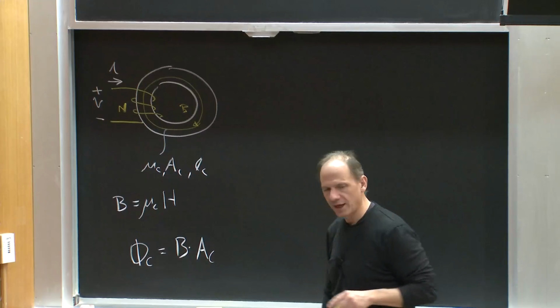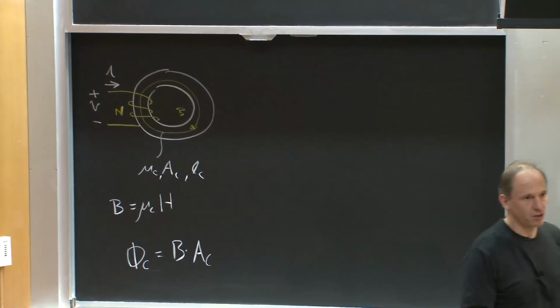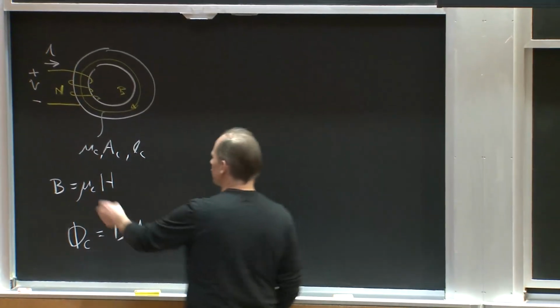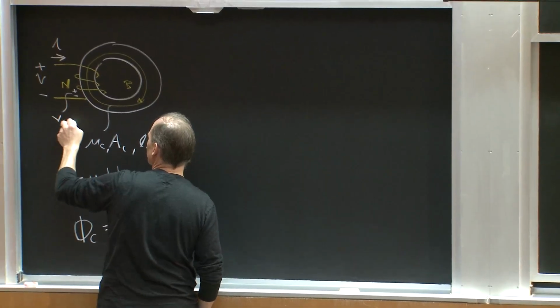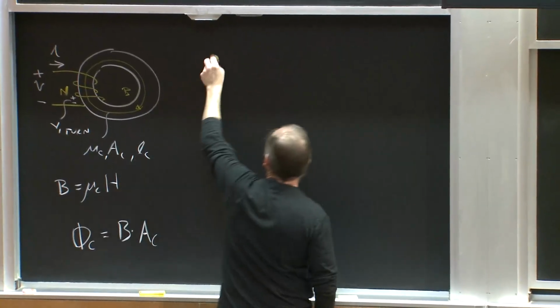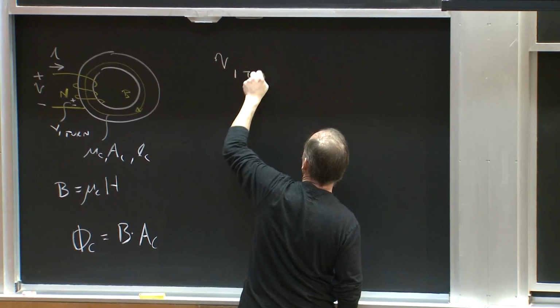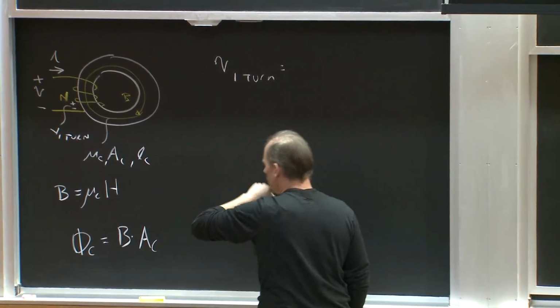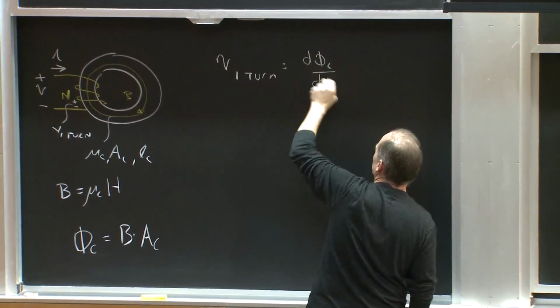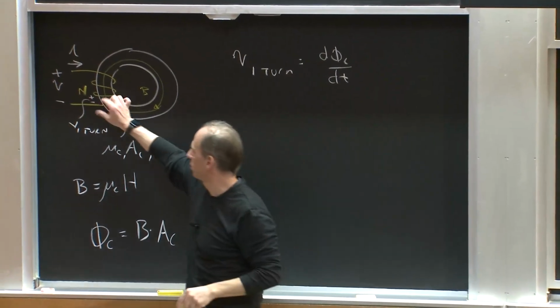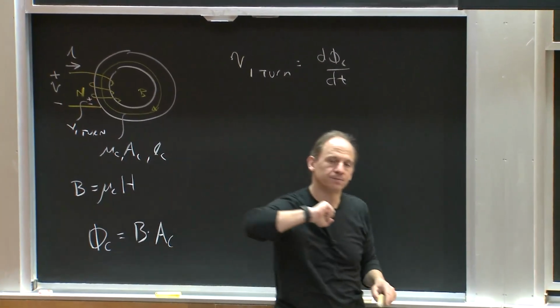And we said, by Faraday's law, the voltage on one turn, I'll call it V1 turn, would equal d phi dt, with the right polarity associated with Lenz's law, okay?